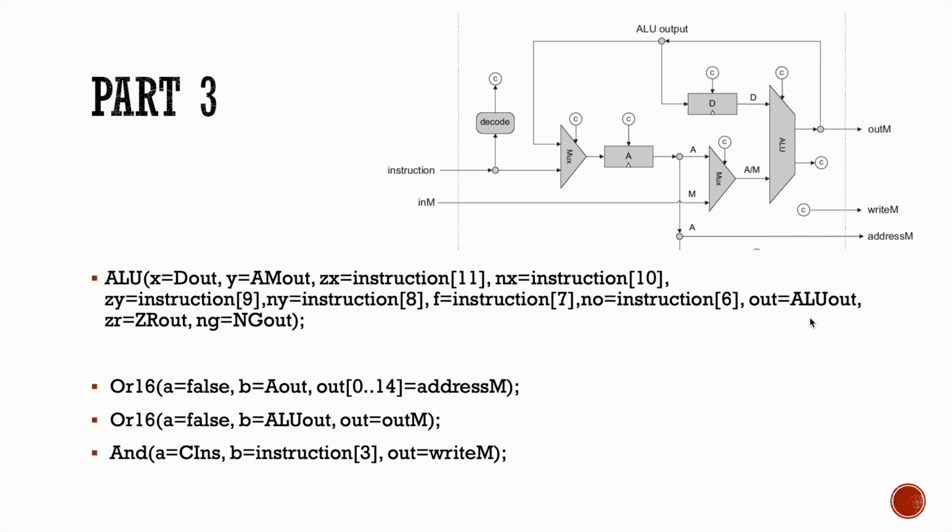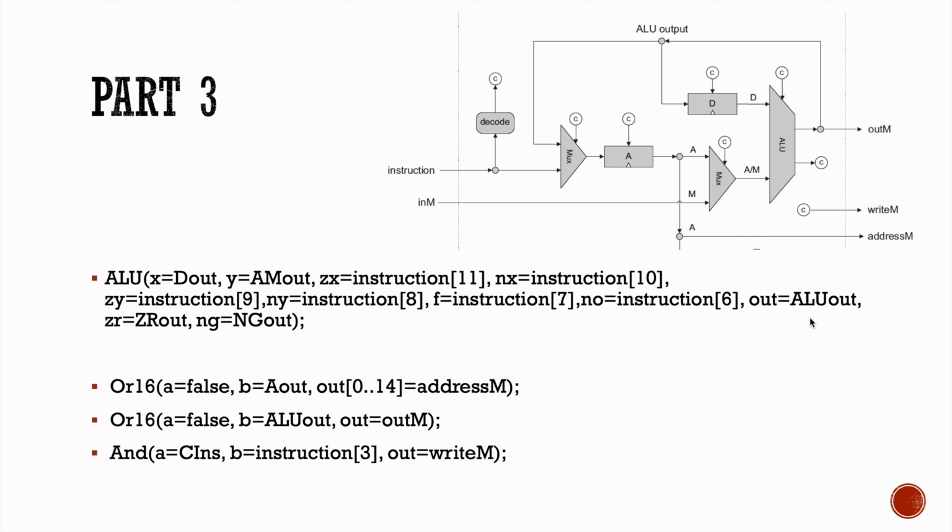Part three consists of the ALU. The ALU computes a function on two inputs, which in this case would be the value that is stored in the D register and the value of either the A or M registers. And then it generates an output.